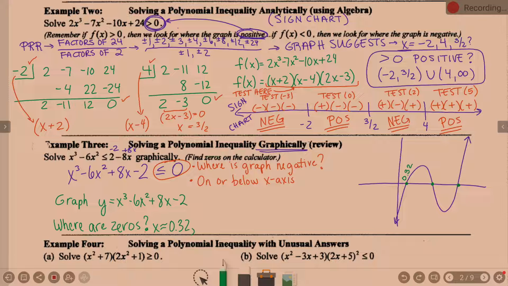Do you guys have the others? 1.46, and then I have 4.21. Are those matching with what you guys are finding?